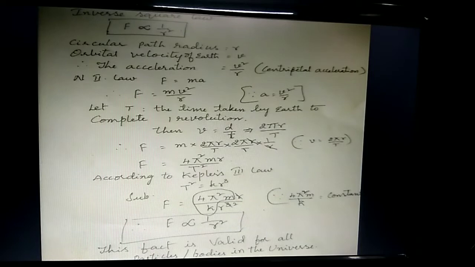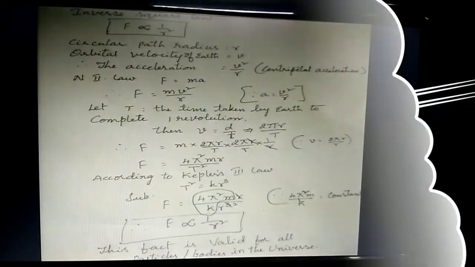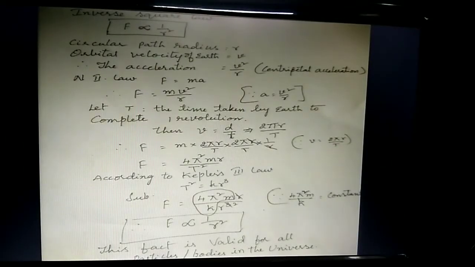From Newton's second law, F = ma. So, by substituting the centripetal acceleration in this equation, F = mv²/r.